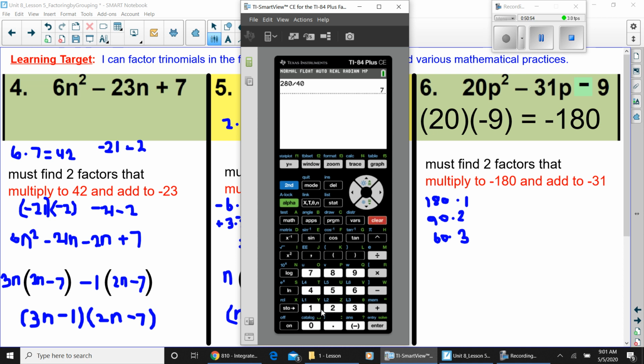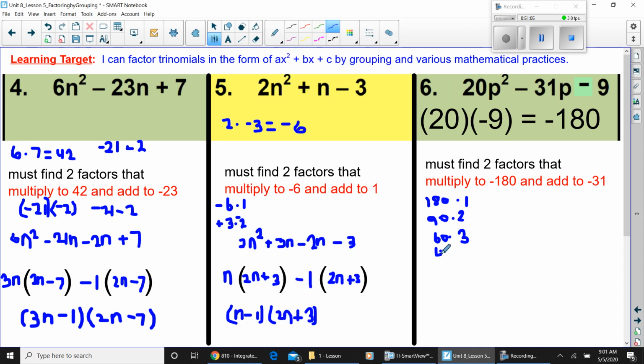Let's see, 180 divided by 45, because 50 is not an option. Okay, so 45 times 4. I'm just looking for factors. 45 times 4, I still can't get to 31 with that.